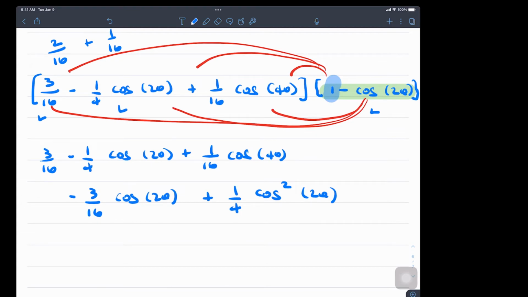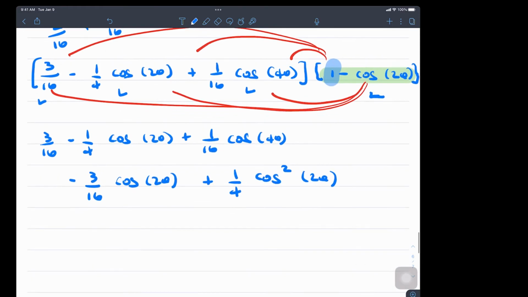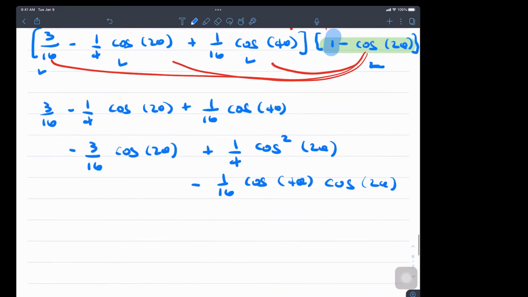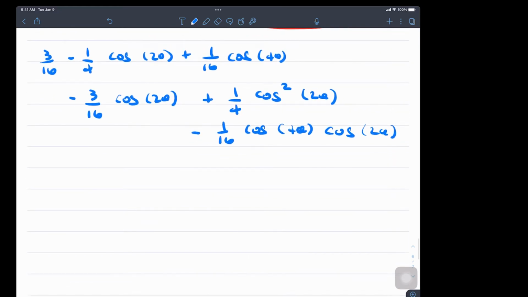Do this minus cosine 2 theta times a plus 1/16 cosine what? 4 theta. What does that give you? It gives you minus 1/16 cosine 4 theta, okay, times what? Cosine 2 theta, okay? So we're going to have some work to do now. This is multiplying everything.